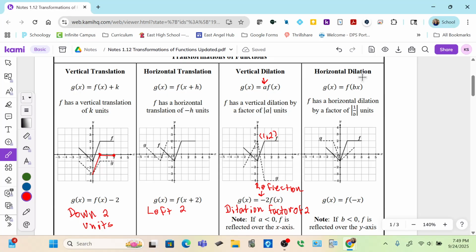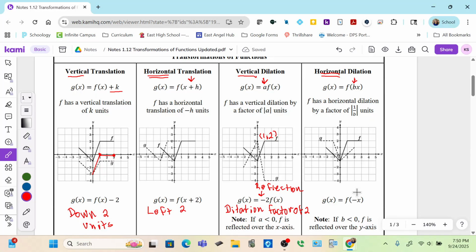For horizontal dilations, you'll see that inside the parentheses with the x. So hopefully you're seeing a pattern here. When it's vertical, it's going to be outside. When it's horizontal, it's going to be inside. Horizontal, the reciprocal of whatever that value is, whatever that coefficient is on the x, the reciprocal of it, that's why we have the 1 over b, becomes the factor.